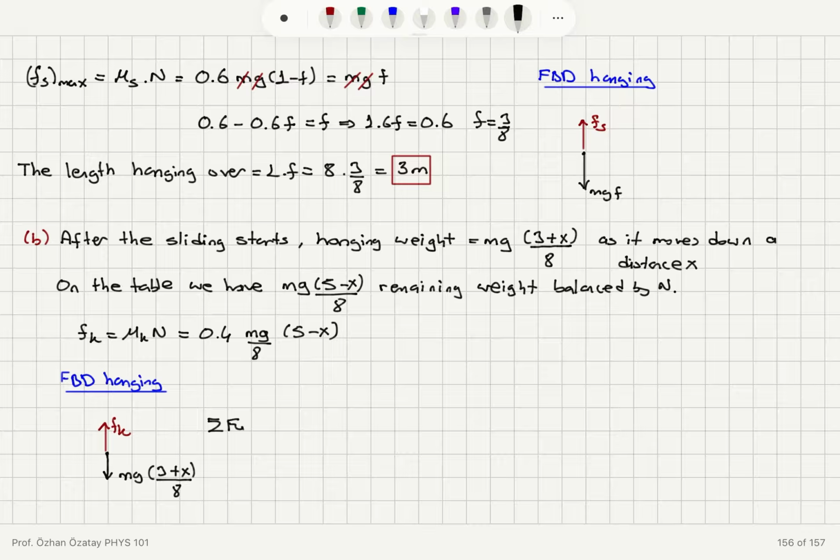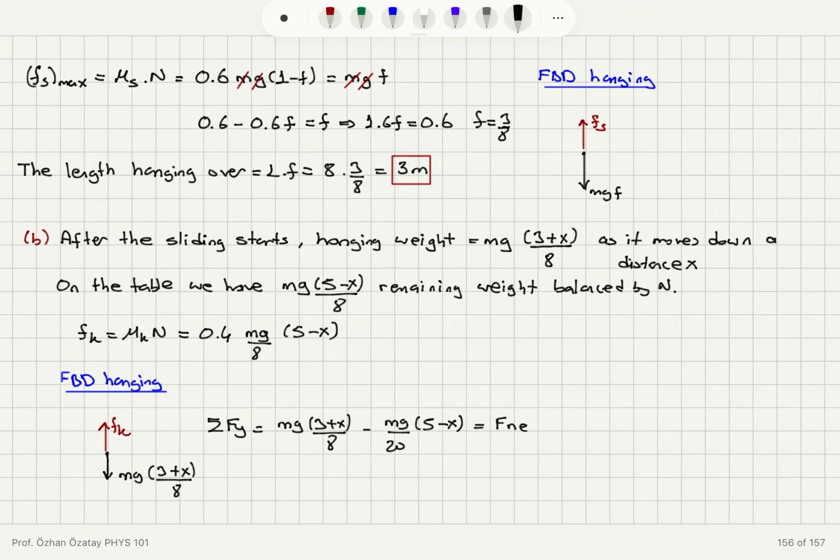So the net force on the y-axis is mg (3 plus x)/8 minus the kinetic friction, which is 0.4 over 8, giving us 20 mg over 20 (5 minus x).